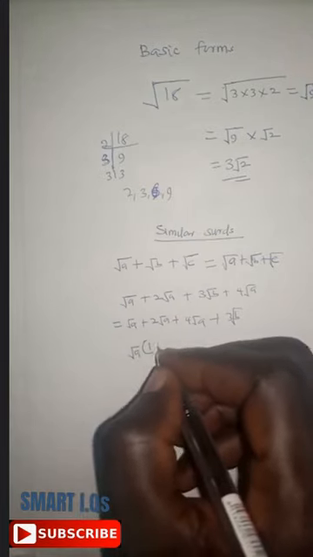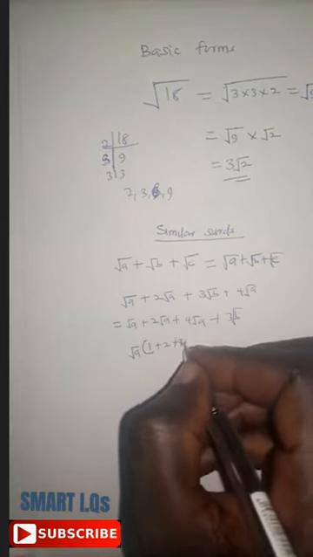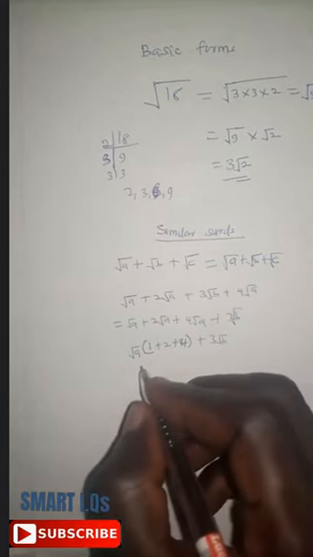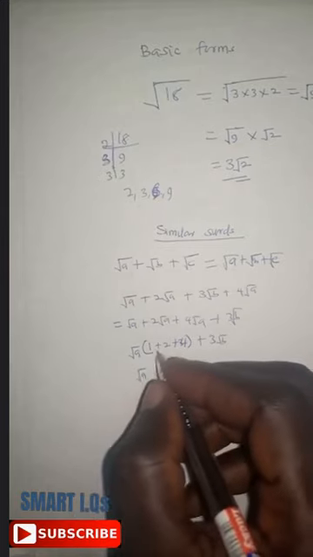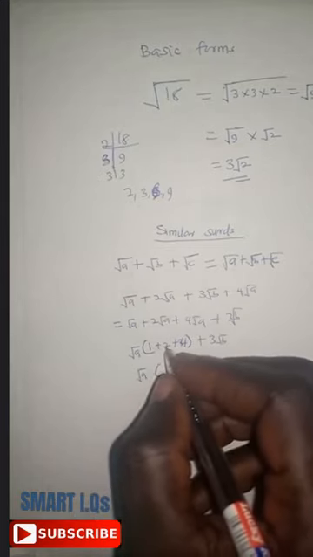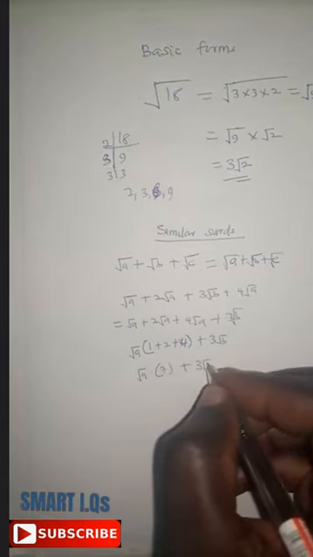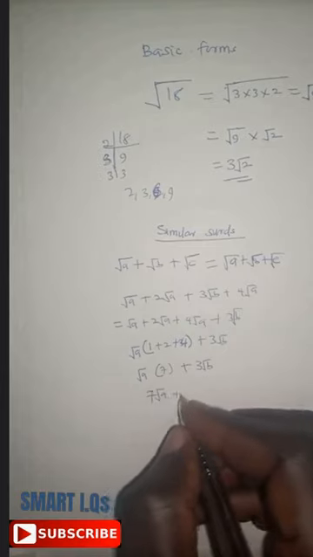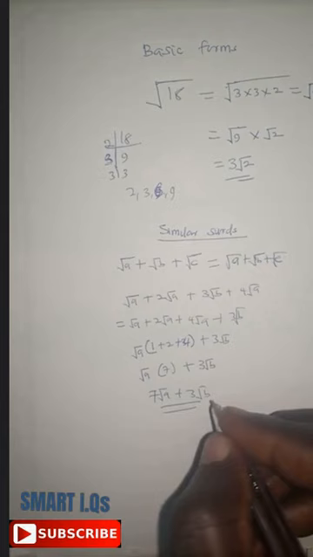This becomes 1 plus 2 plus 4, please, then plus 3 square root B. So this will be equal to square root of A into 1 plus 2, that is 3, plus 4, and that is 7, plus 3 square root B. Good. So now this becomes 7 square root A plus 3 square root B. This has been expressed in a simpler form.